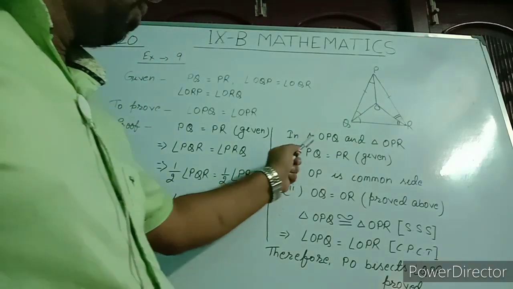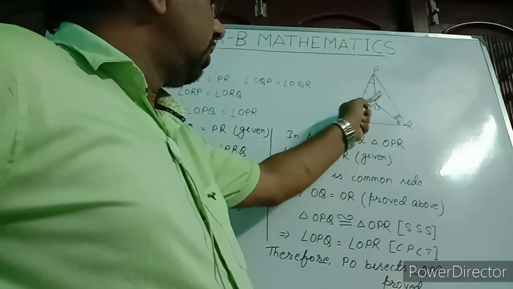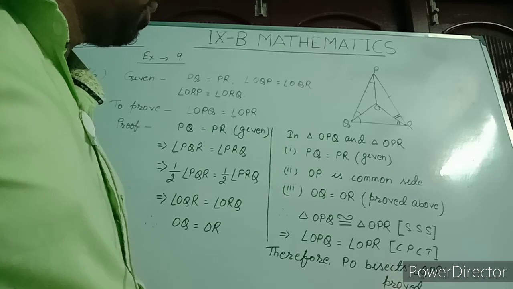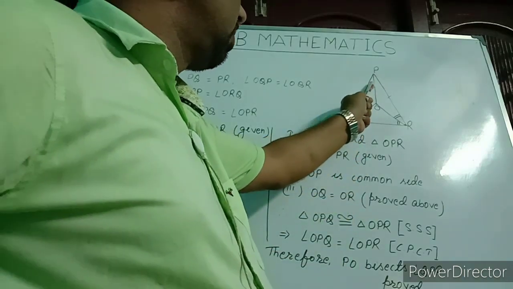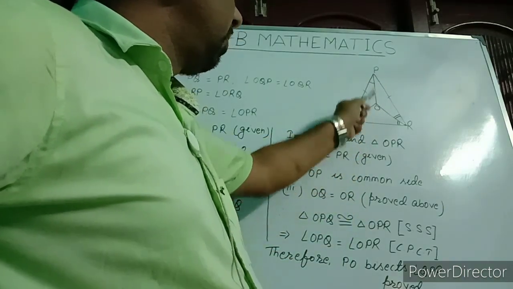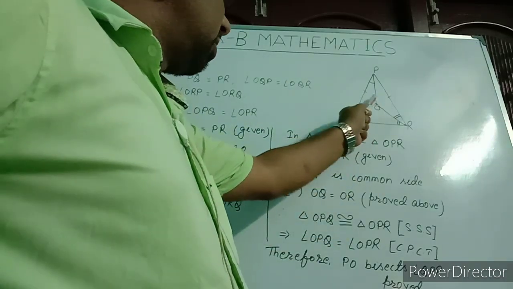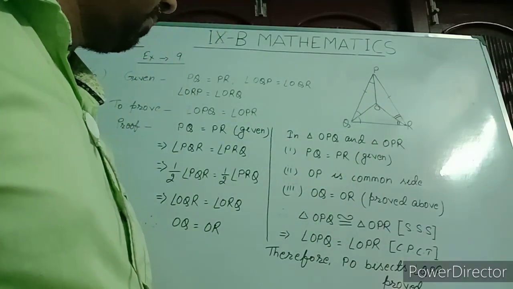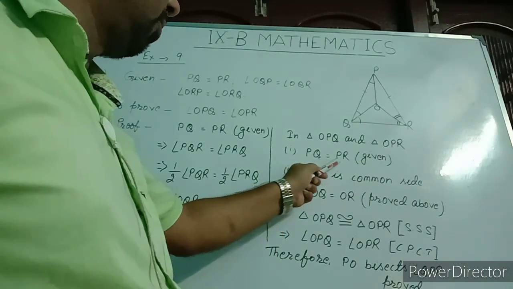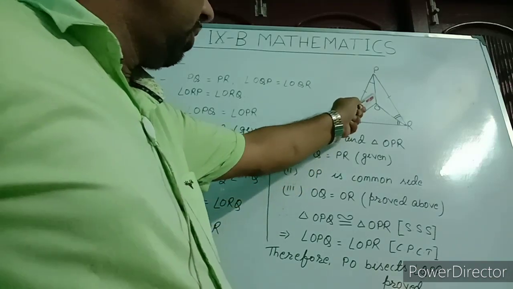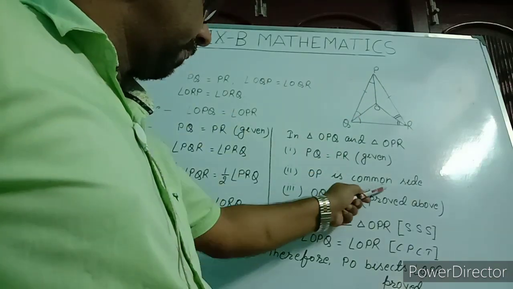Now in triangle OPQ and triangle OPR, we'll prove these two triangles are congruent. Then applying CPCT we can say these two angles are equal. So PO bisects angle QPR. To prove these two triangles are congruent, first condition I have written PQ equals PR, given in the question. Second condition, OP is the common side.